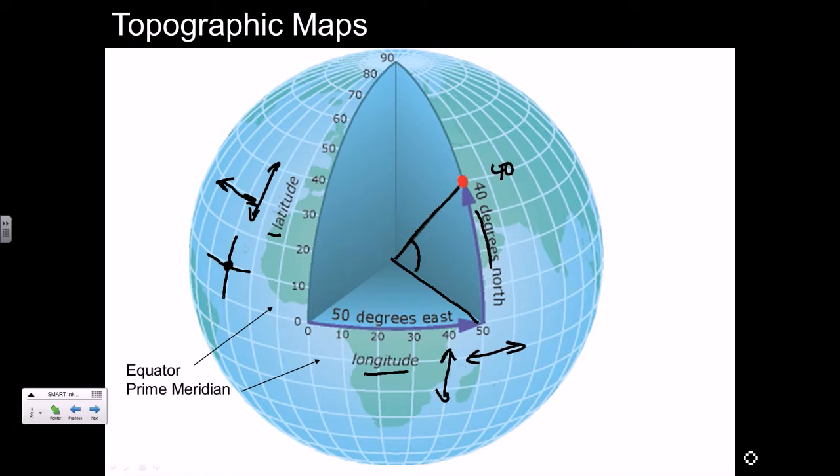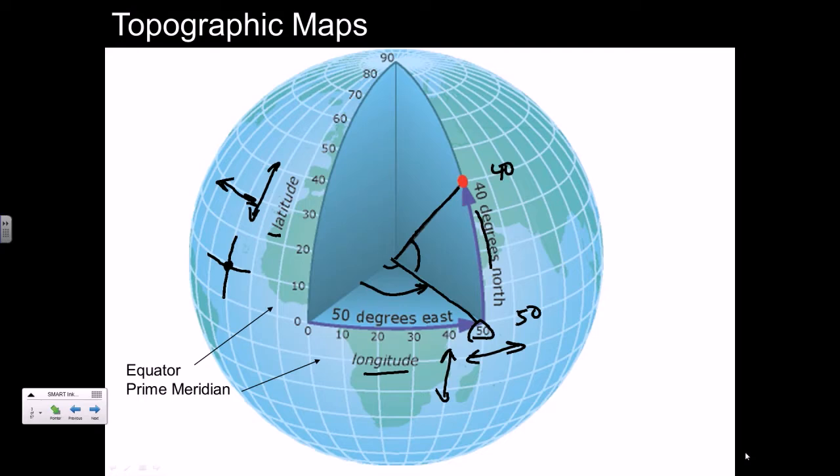If we measure the angle here in the horizontal plane along the equator, so we're measuring a line of longitude, we measure from the equator out to that particular line, we find it is 50 degrees, and so this angle in here is actually 50 degrees, or 50 out of 360 degrees in a circle. And so that's how we're going to make measurements.